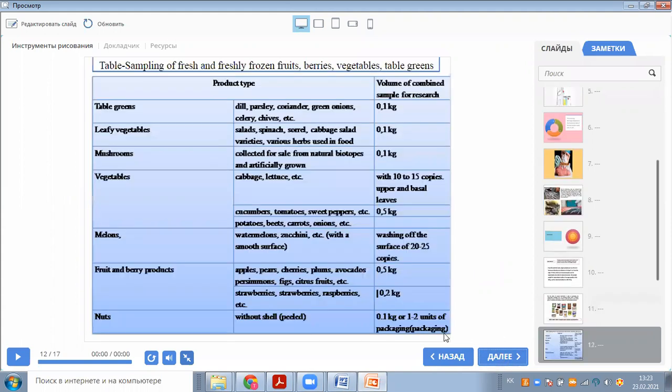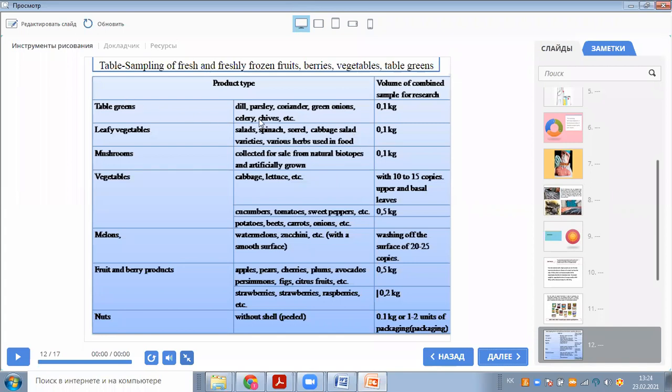Next, in the next table, you can see the sampling of fresh and freshly frozen fruits, berries, vegetables, and table greens. For example, table greens are of various types: dill, parsley, coriander, green onions, celery, chives, and so on.